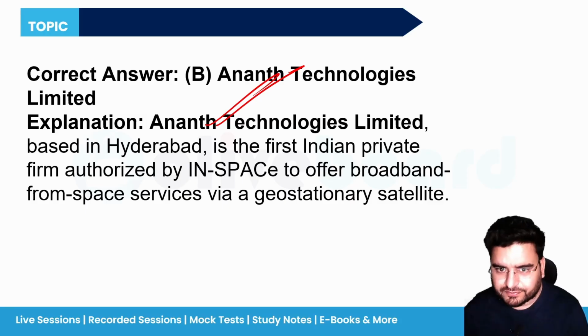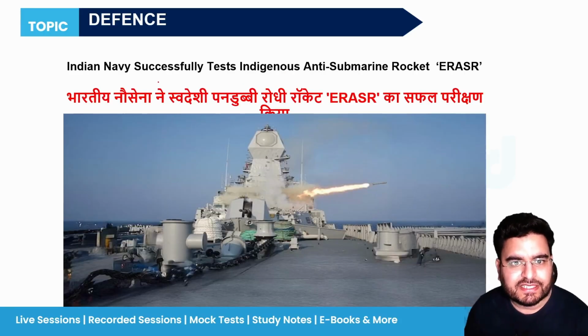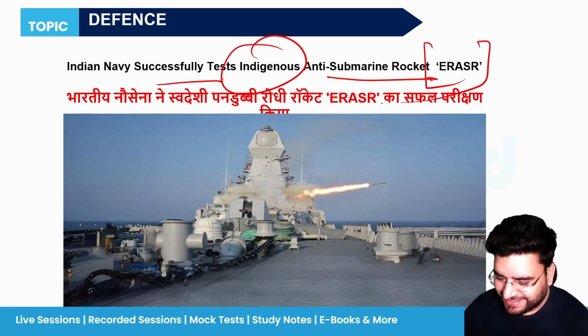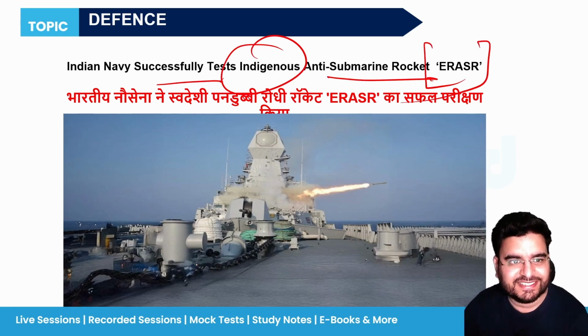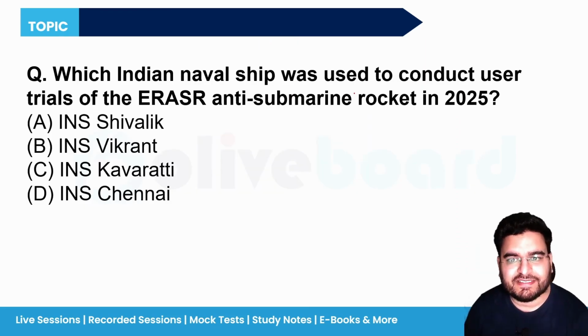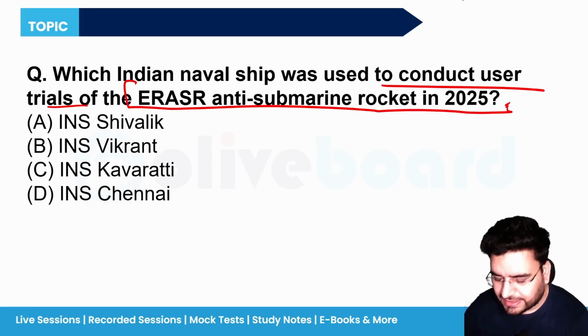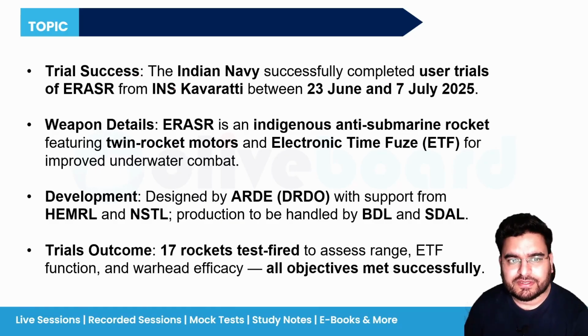Okay, chalo. Next is Indian Navy successfully tests indigenous anti-submarine rocket Eraser. We are going to erase our enemy nation. So which Indian naval ship was used to conduct user trial of Eraser anti-submarine rocket in 2025? Let's see the news. So what is the name?